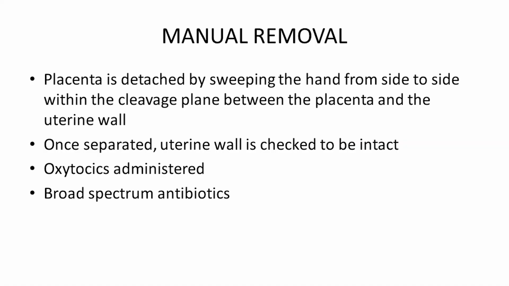Once the lower margin of the placenta is reached, the placenta is detached by sweeping the hand from side to side within the cleavage plane between the placenta and the uterine wall. Once separation of the placenta is done, the uterine wall is checked to be intact. Oxytocin is administered. Broad spectrum antibiotics are also administered. It's important to note that after the placenta has been removed, it should be inspected to ensure that it is removed completely.